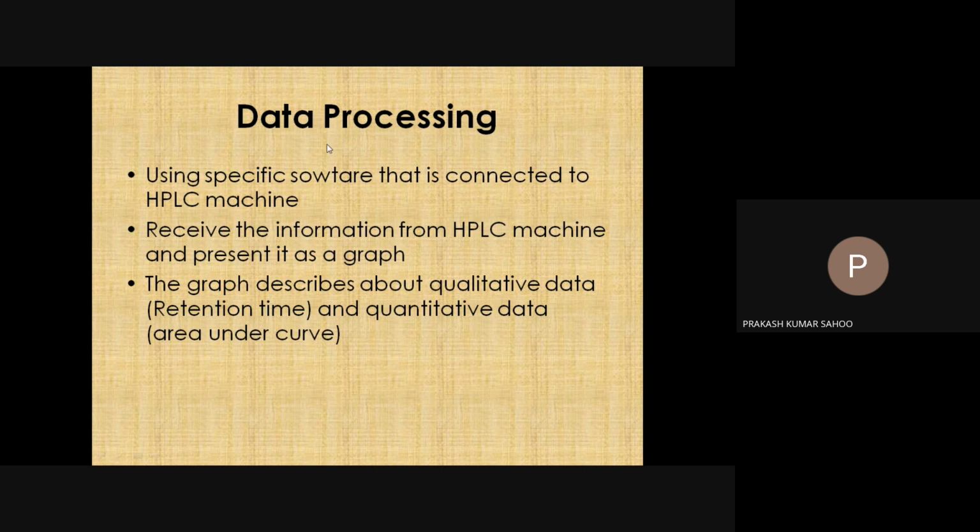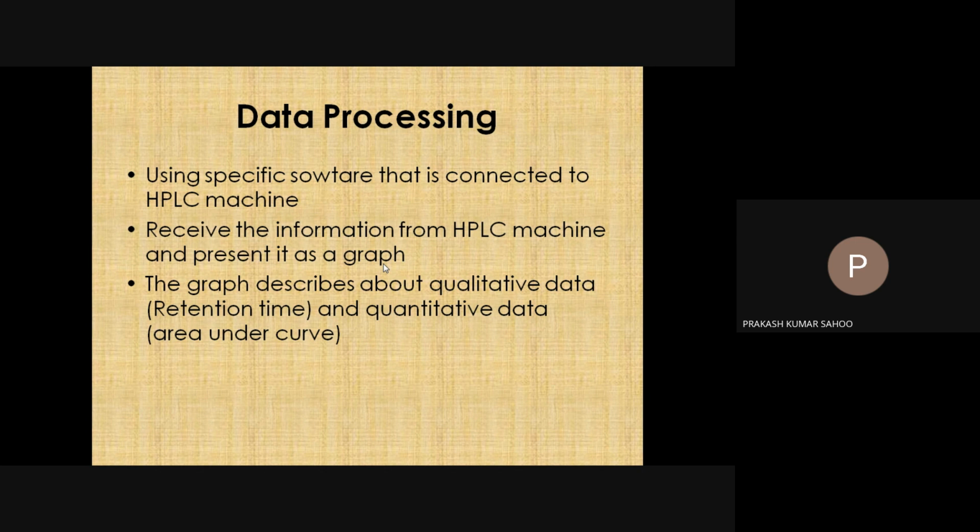Then how the data is processed, it is the role of the recorder now. So using specific software that is connected to the HPLC machine, it receives the information from the HPLC machine and presents it as a graph. This is done with the help of some advanced applications or software that are related to your HPLC.